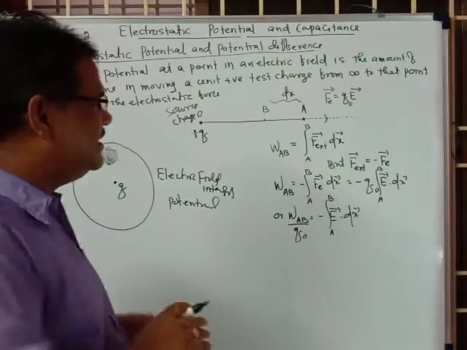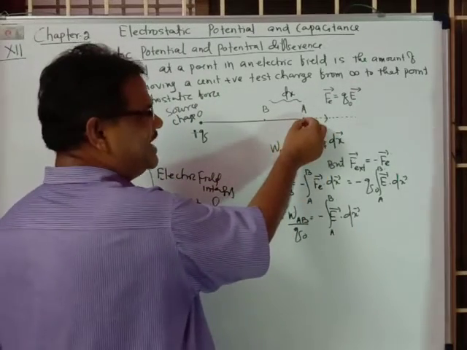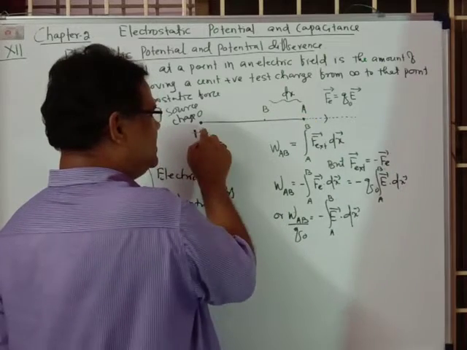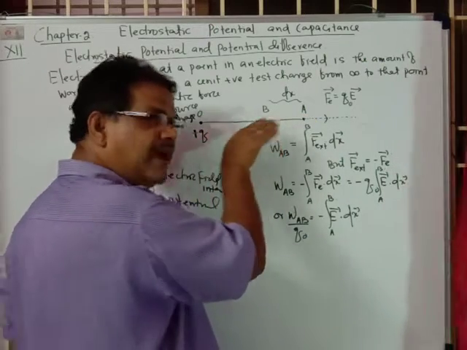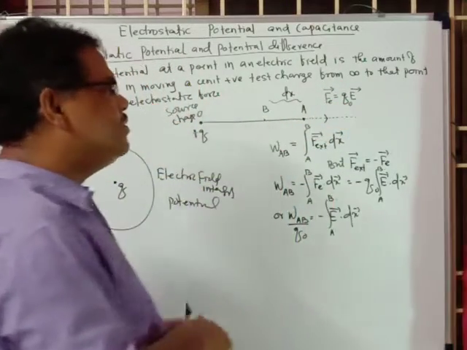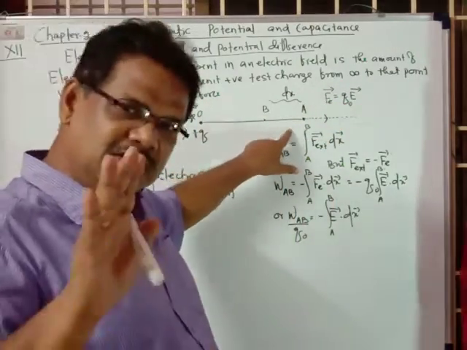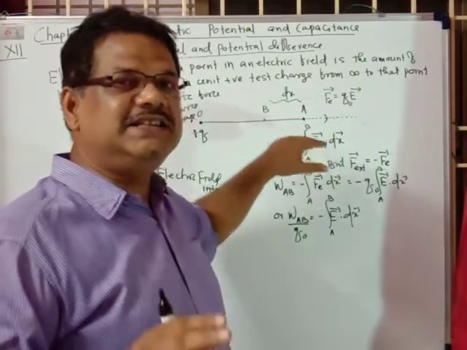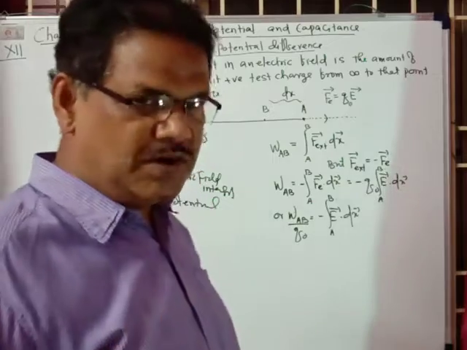How do you know it? Suppose you put a unit positive test charge here, then the plus Q charge will repel the test charge outward. Means the electric force will be experienced on the test charge outward, so the electric field intensity will be directed outward.